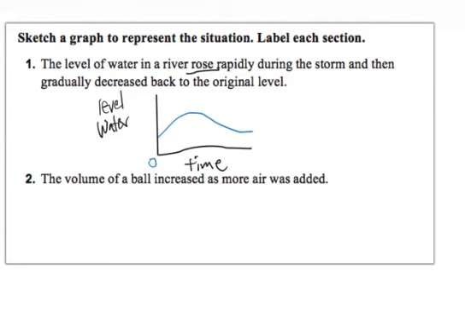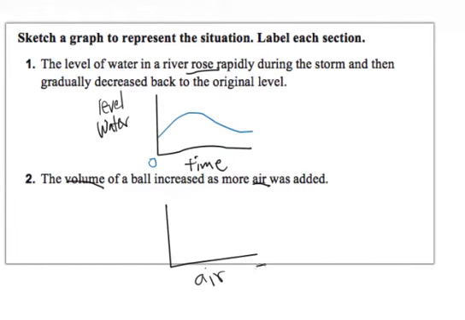The volume of a ball increases as more air was added. Okay, again, we know we're going to have some sort of graph. So I'm thinking volume and air are my two things. Okay, which one depends upon the other? Well, I would say that the volume would depend upon how much air. So the air is going to be my independent.